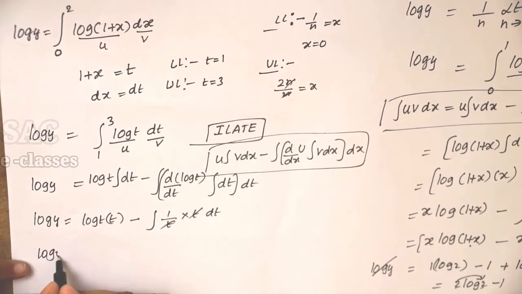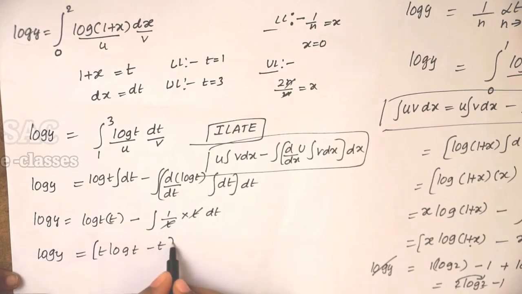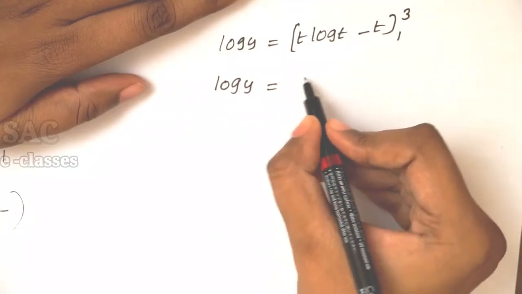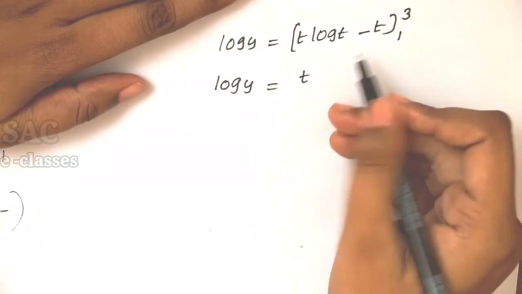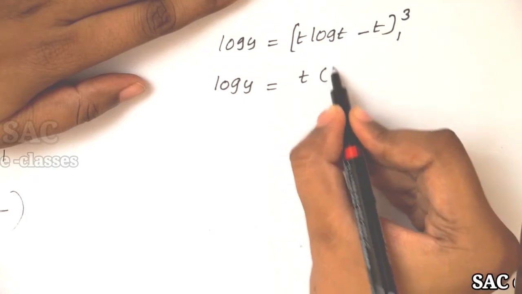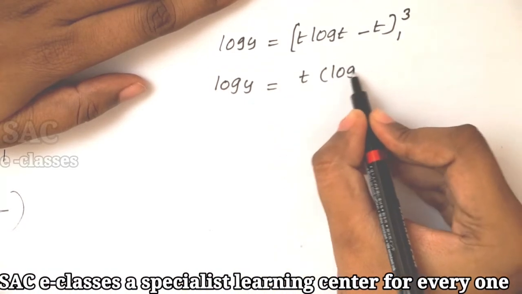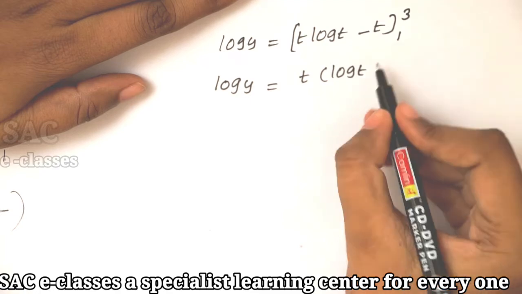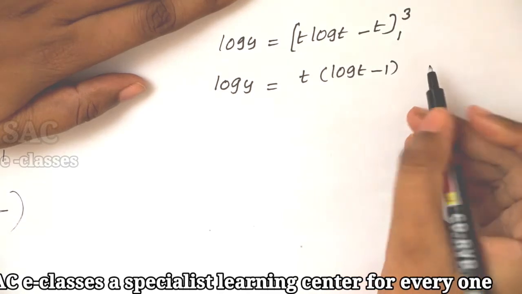Now log y is equal to t log t minus t. Use the limit now, 1 to 3. Now see here, we have to take out common t into log t minus 1.